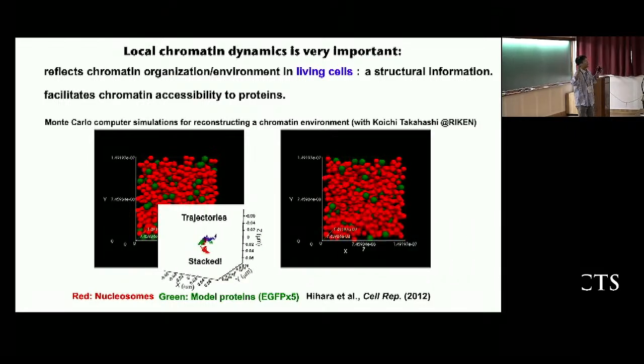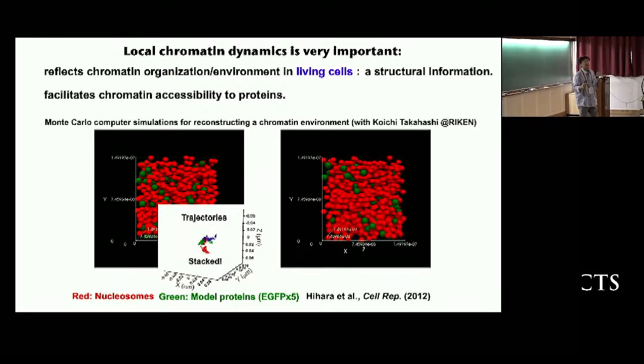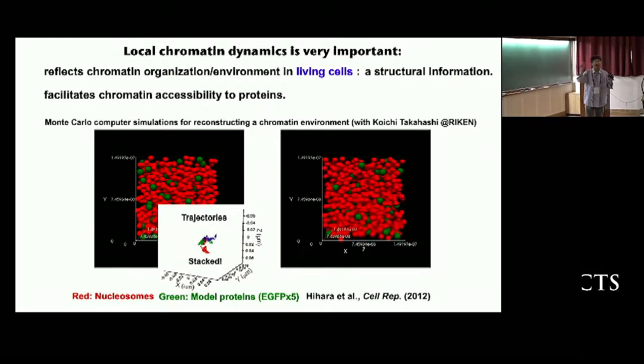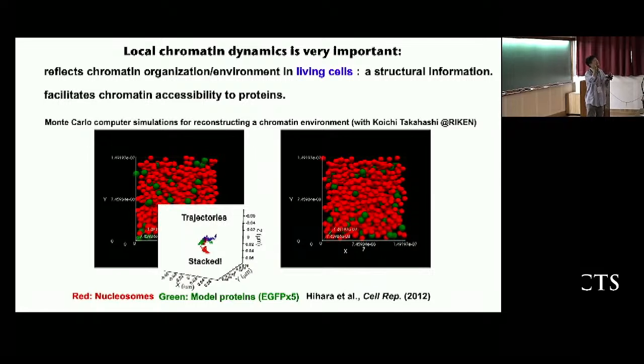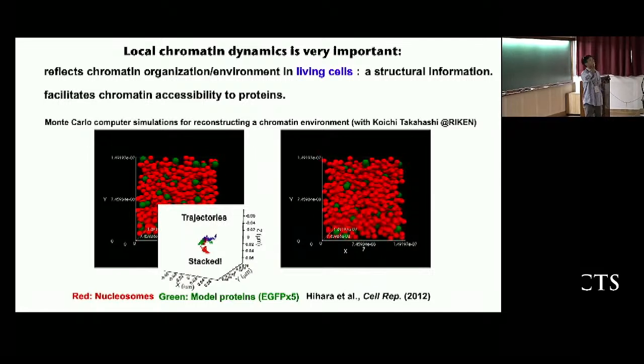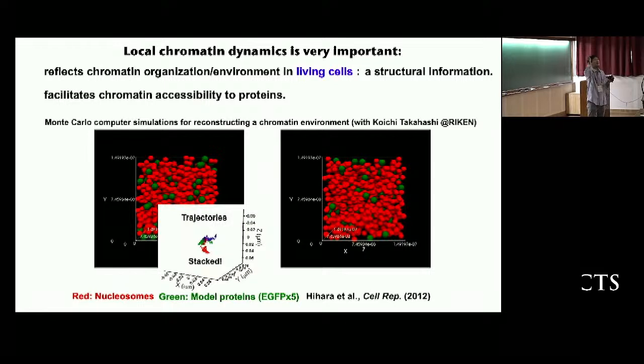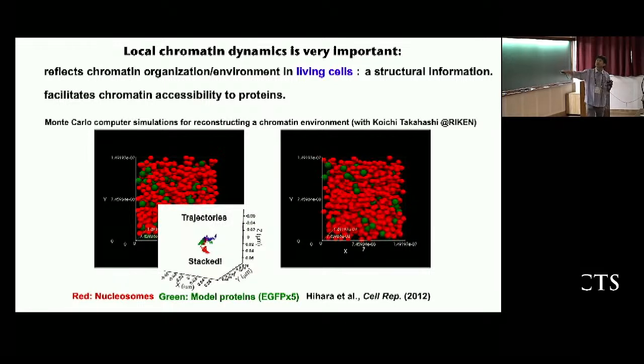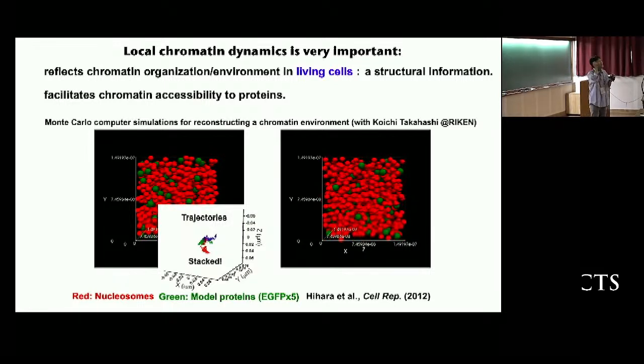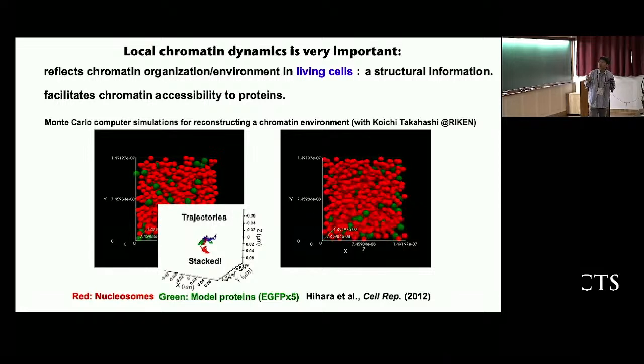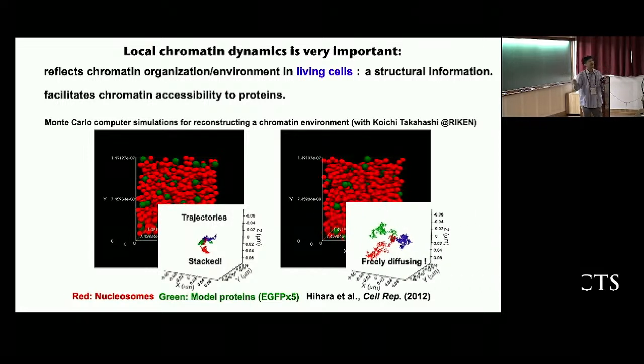This is a problem. However, with fluctuating nucleosomes, where the fluctuation size is about 20 nanometers, even at the same concentration of nucleosomes, green proteins can move almost freely, like this. So local nucleosome fluctuation can facilitate chromatin accessibility. This is important, so we focus on local chromatin dynamics.